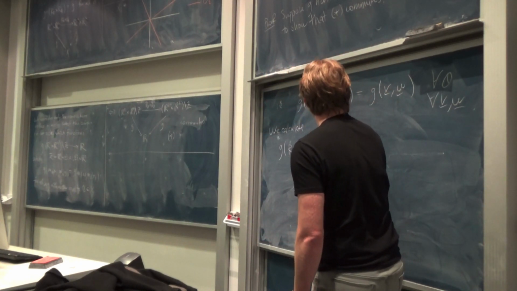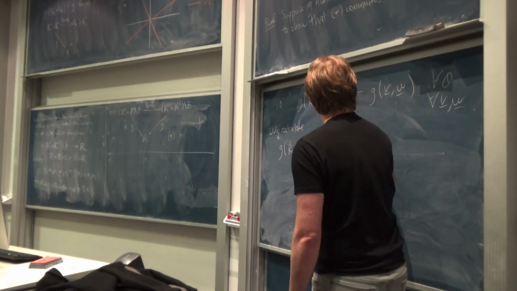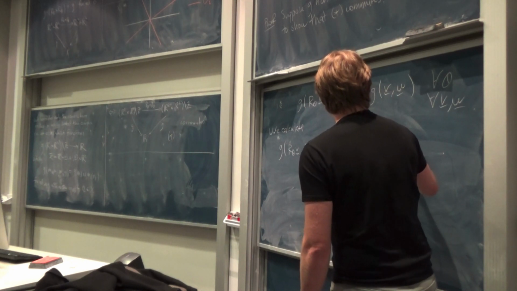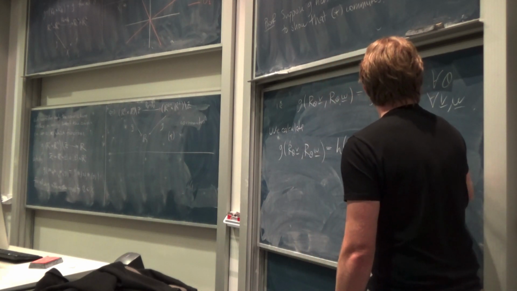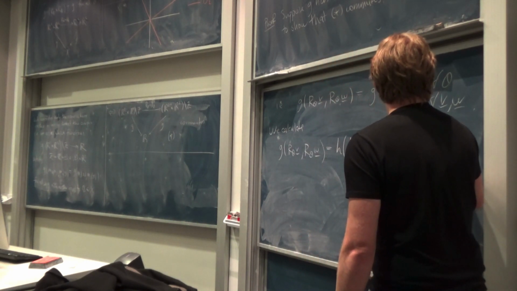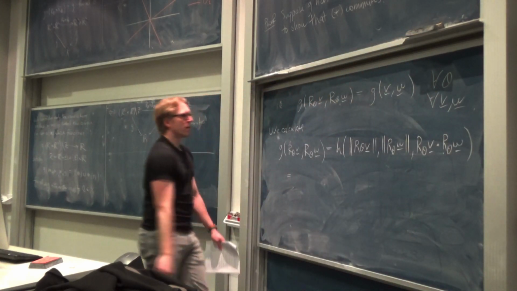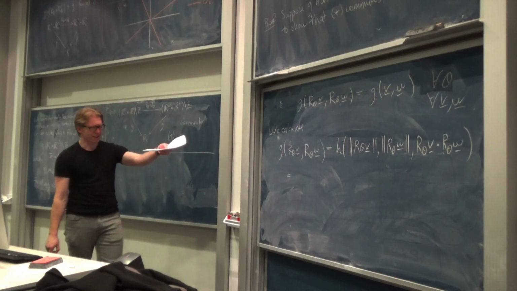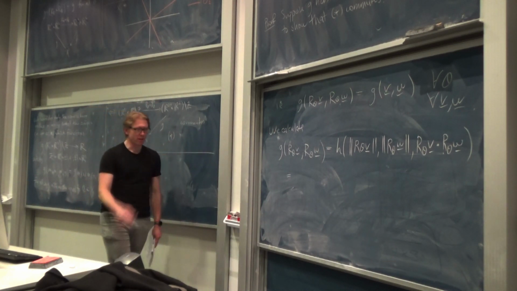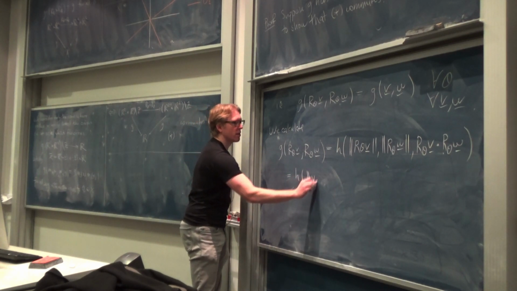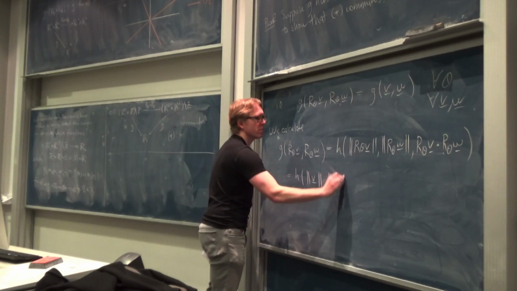So this is h of the length of R theta V, the length of R theta W, and the dot product. Okay, so as we discussed last lecture, the rotation matrix doesn't change the length of a vector. So this is the same as h of the length of V, the length of W.